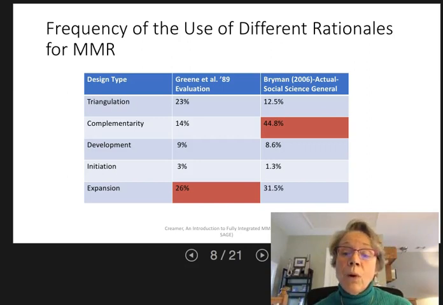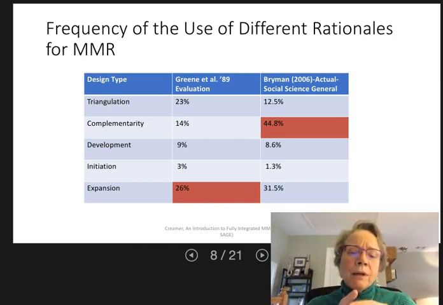Bryman used a much wider data set. He had 232 articles, coming from sociology, social psychology, management, and geography. And his data showed that the complementarity design was used well over 40%. I mentioned that's an umbrella term. It's sort of a default term if you're trying to get a bigger picture of a phenomenon, complex social phenomena.